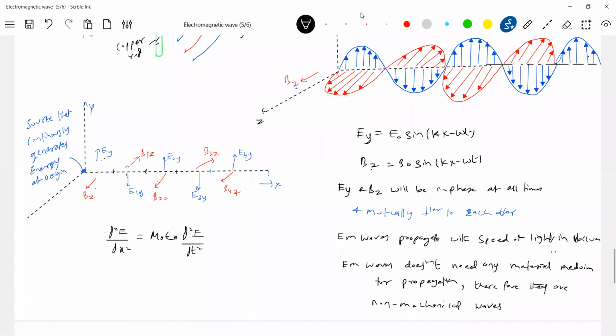Differentiate this with respect to, let me take x here. Oh, no problem, let it be.